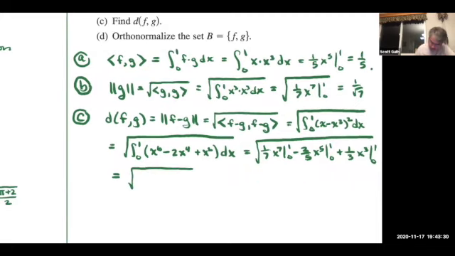So we have to do 1/7 minus 2/5 plus 1/3. So shoot. Common denominator. So we're going to have to really work this thing.